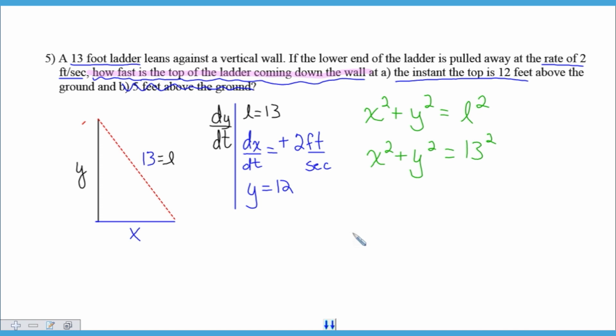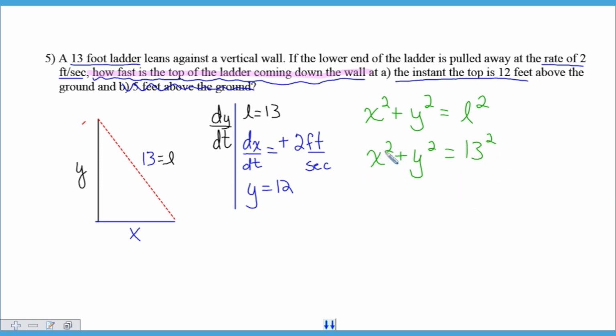So now I would like to relate all these rates together, and that means I'm going to take the derivative of each piece. And I'm going to have to do this implicitly because I'm taking the derivative of an x function, but I need to do it with respect to time, because I want to know how x changes with respect to time, how y changes with respect to time, and how this constant changes with respect to time.